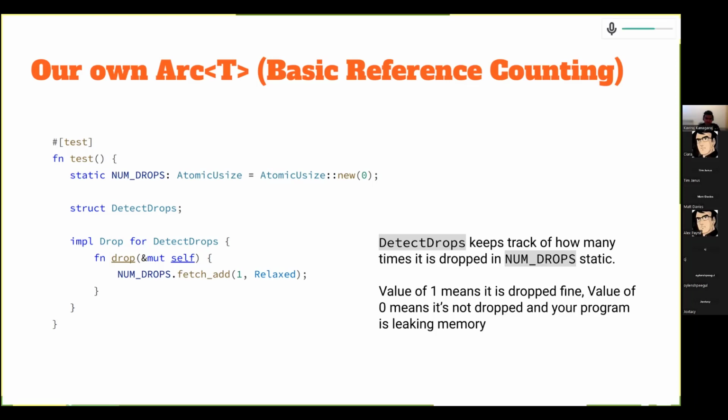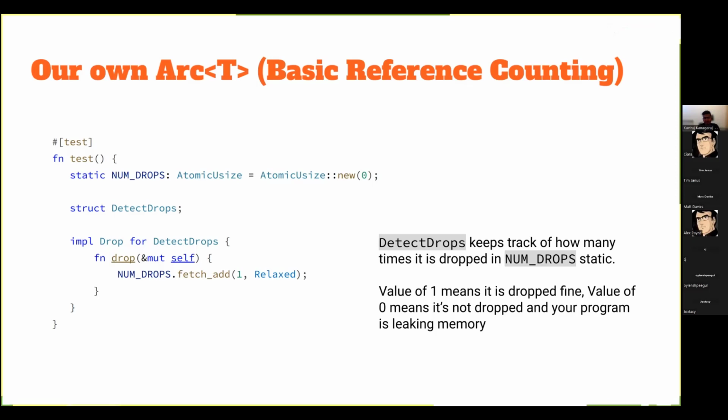So the expectation here is that when we put this DetectDrops in an Arc and clone it multiple times, doesn't matter how many times, only when every Arc clone goes out of scope should this drop be called.